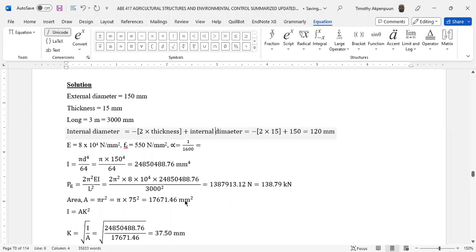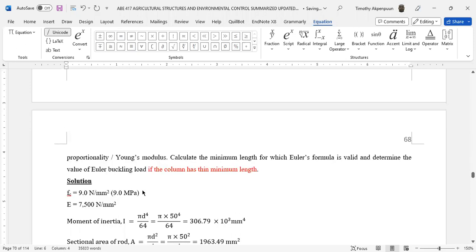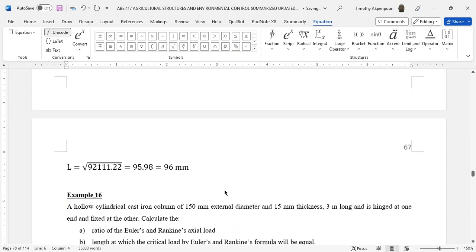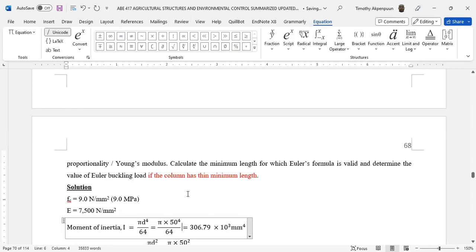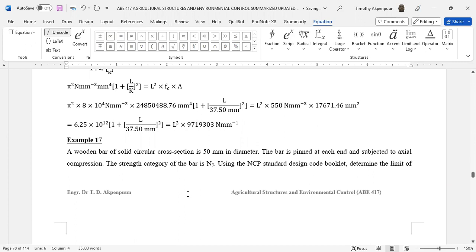Who can use Excel very well? This thing, if you put it in Excel, it will be very good.